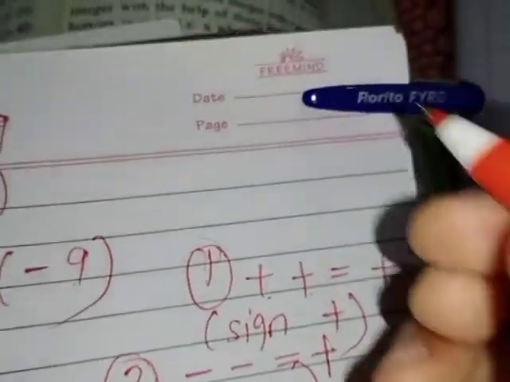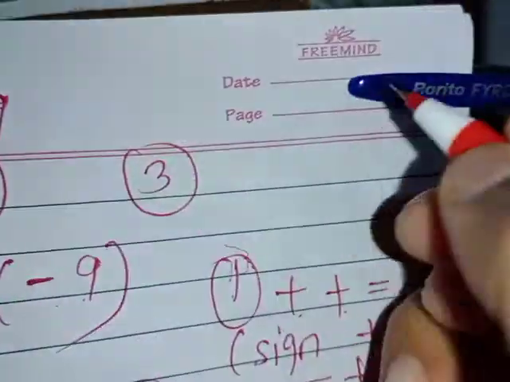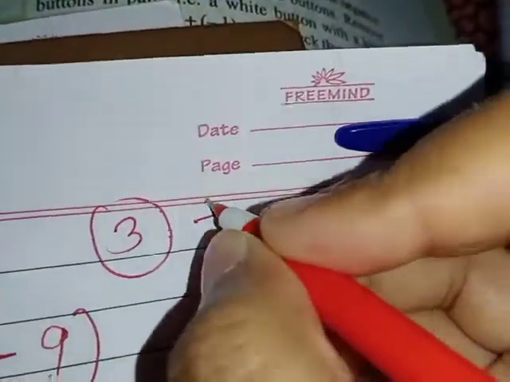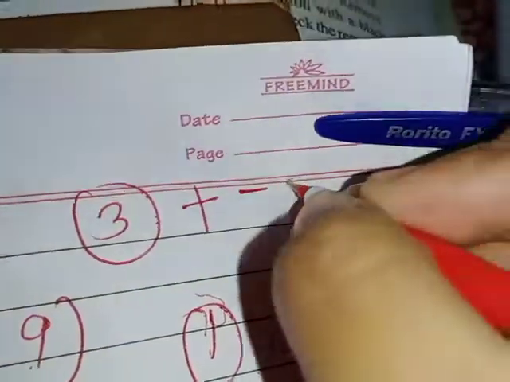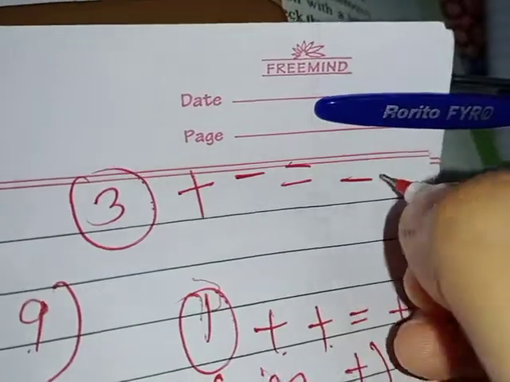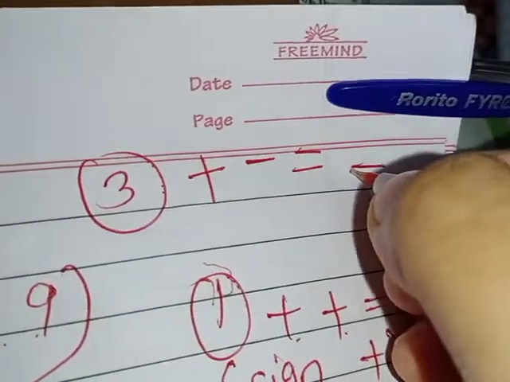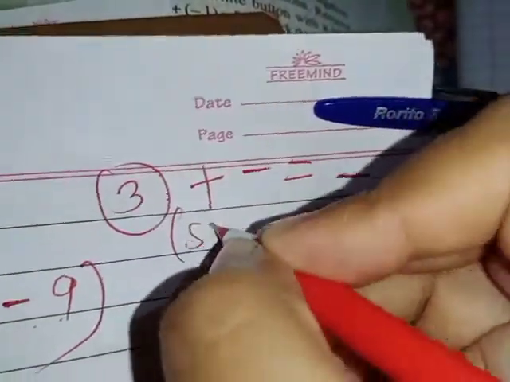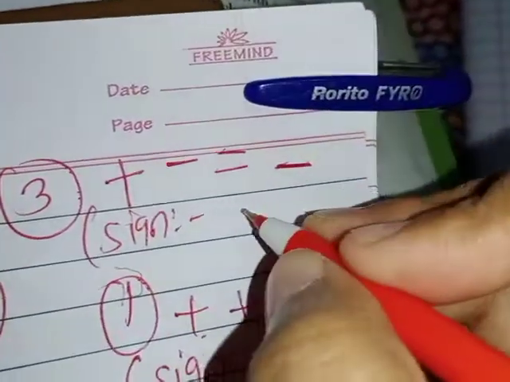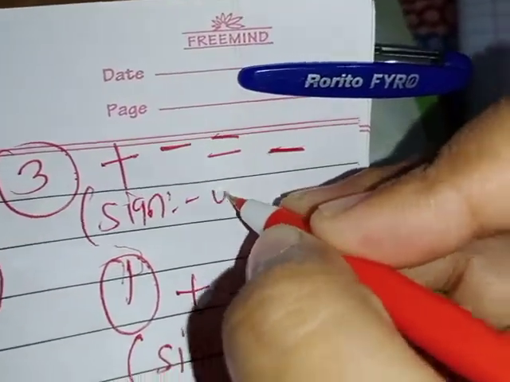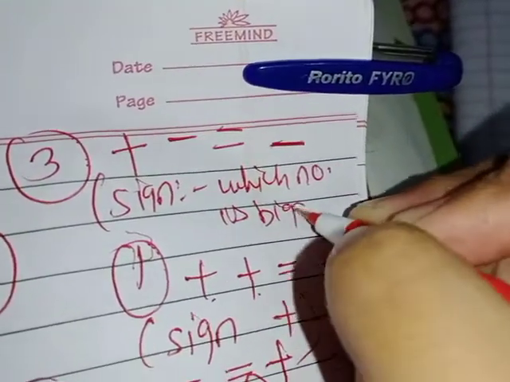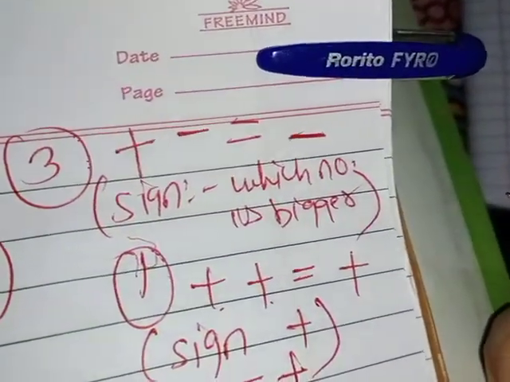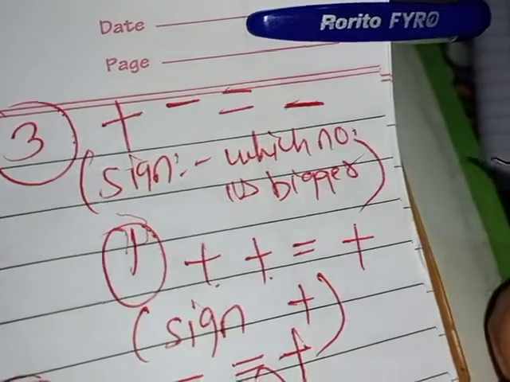Clear? And the third point is, when we have one integer positive and one integer negative, that time we will do minus, means in solution we will do minus, and the sign we will put whichever number is bigger. Bigger number's sign we will put in our answer. Clear na?